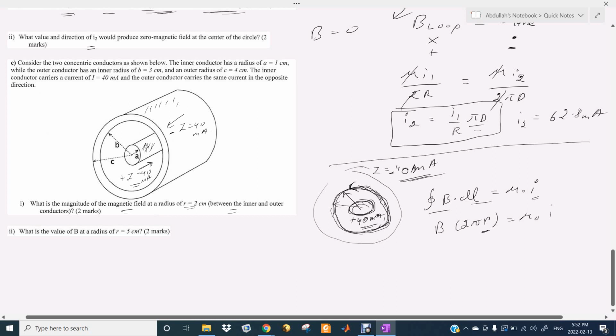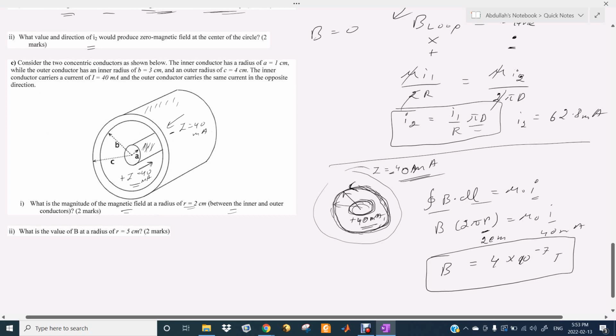So when you plug in r equal to 2 centimeter, converted into meter, and 40 milliampere, what you get is a magnetic field intensity of 4 into 10 power minus 7 Tesla.